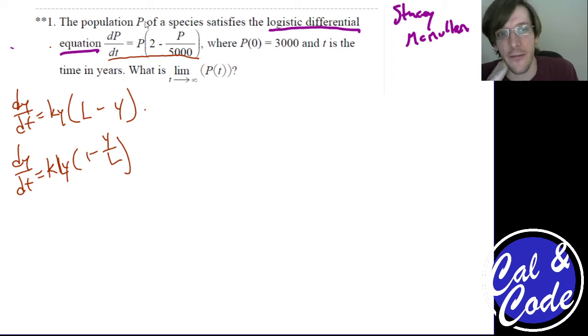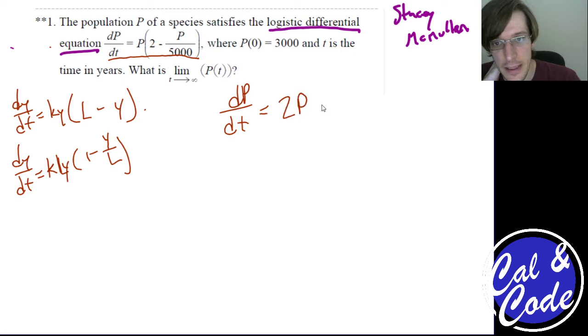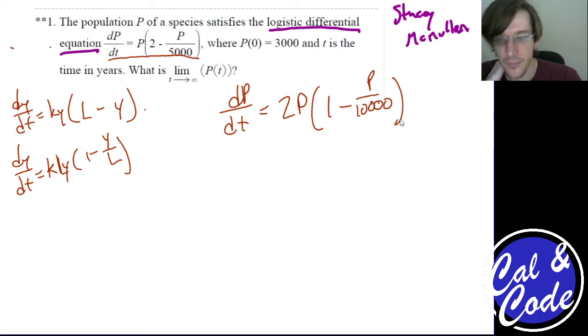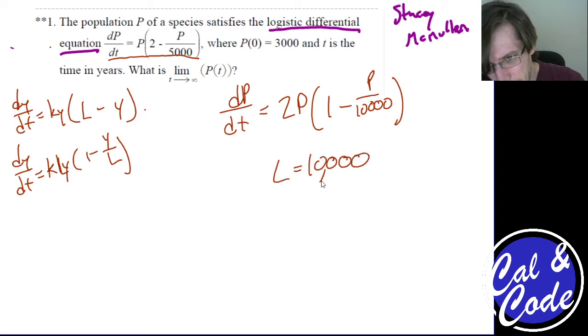Well, I can factor out that 2. So what I'm going to do is factor the 2 out, and that tells me dP/dt is 2P times (1 minus P over 10,000). This tells me that my L is 10,000. That's my carrying capacity.